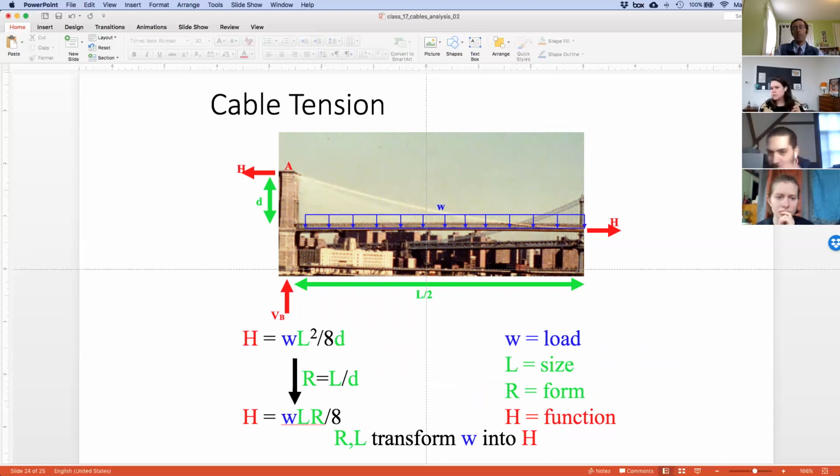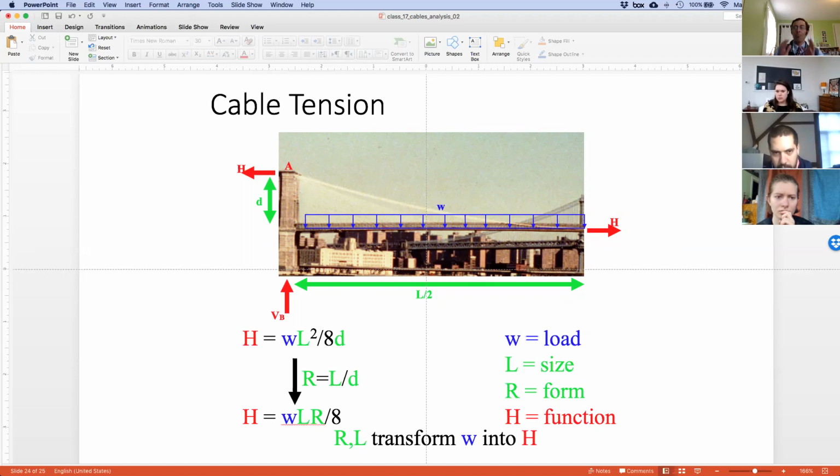Yep. As we did with arches, at our level of analysis, we will typically neglect the self-weight of the cable. If you think about a large suspension bridge, such as the Brooklyn Bridge or George Washington Bridge, and you think about the dead load of the deck, typically steel or a concrete box girder, and traffic load, the self-weight of the cable is very small.